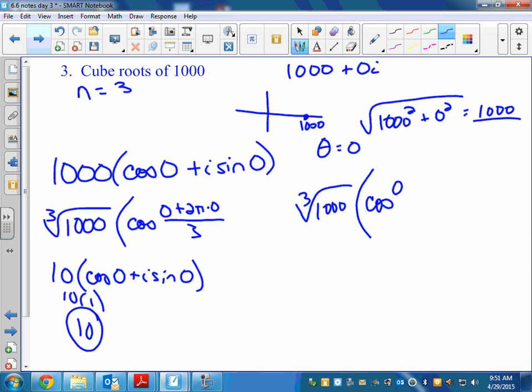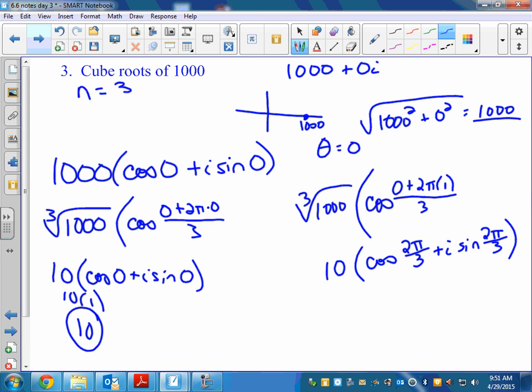So now I'm going to say 0 plus 2 pi times 1 divided by 3, which is not bad math. What is 2 pi divided by 3? It's just 2 pi thirds. And I'm going to work this out.